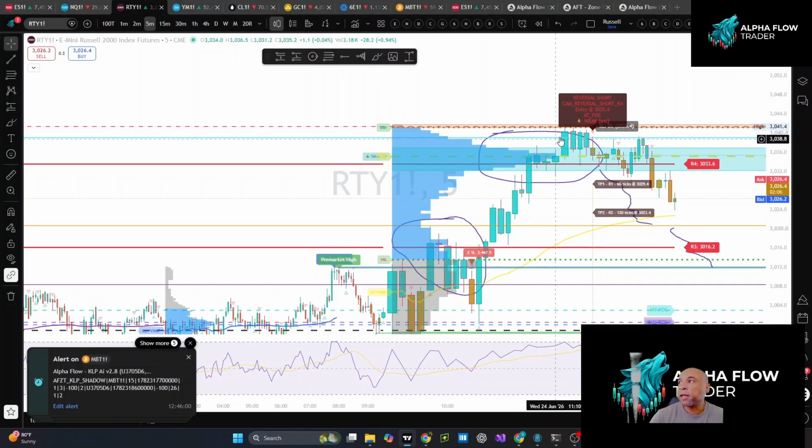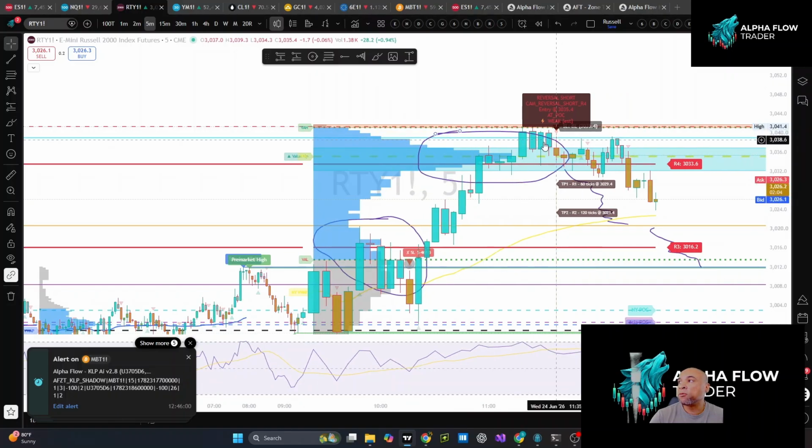And it did that at R4, gave us a reversal signal and proceeded to TP1, and I got out just a little bit above TP2 here as our VWAP line continues to climb.